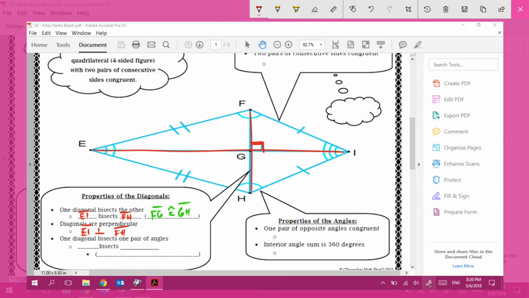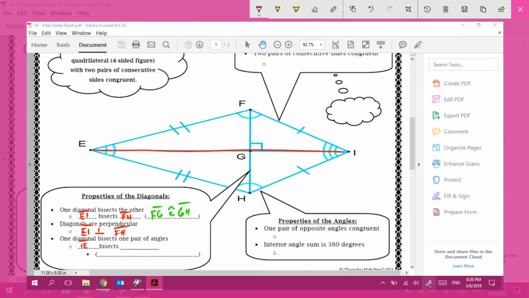And then lastly, one diagonal bisects one pair of angles. Only one diagonal bisects one pair of angles. Now look at our picture. Take a look at IE, that's going to be this red line.